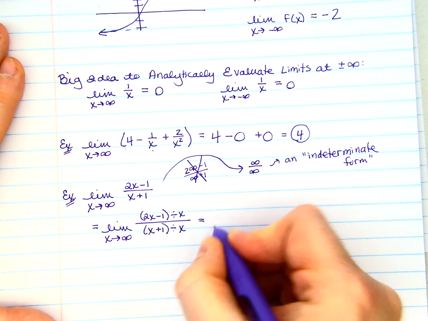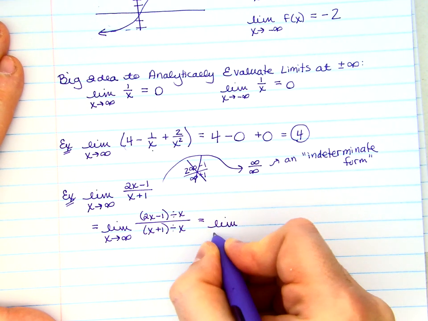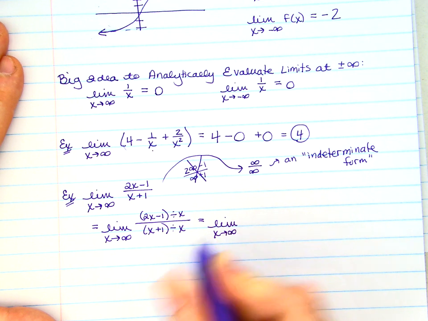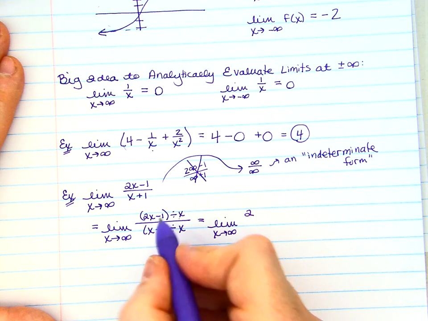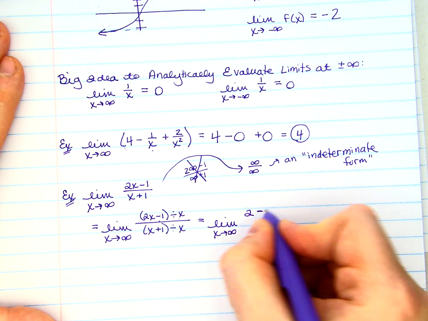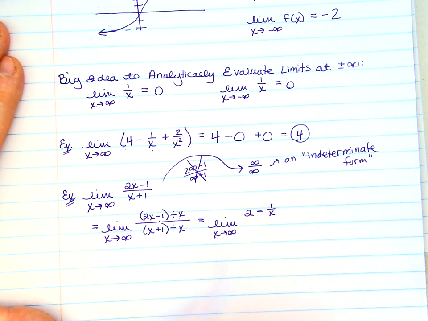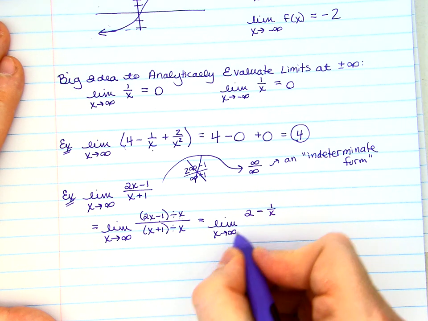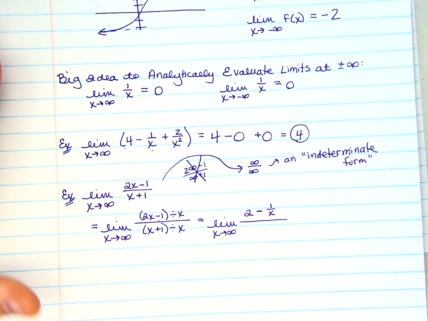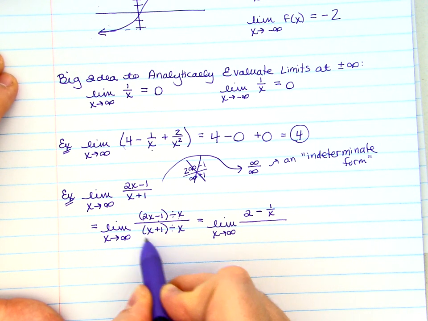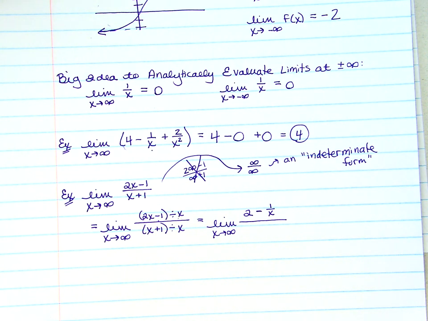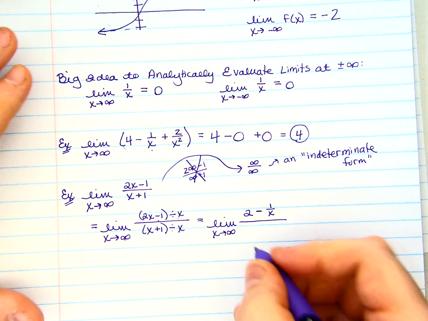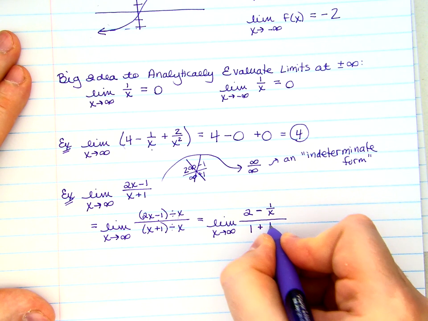Well, if you do that, that gives us the limit as x approaches infinity. Well, 2x divided by x, that's just 2. Negative 1 divided by x is negative 1 over x. If we do the same thing in the denominator, actually you go do that. What do you get in the denominator when you divide x plus 1 by x? Should give you 1 plus 1 over x.